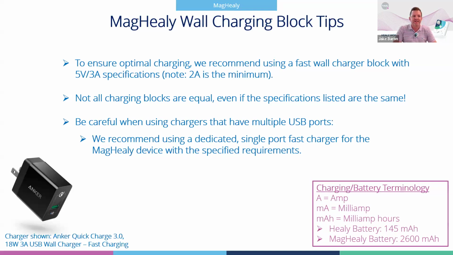And even if the specifications are the same, not all of them are equal. Ken was talking about the internal components. For this same charging block that I have here, the one listed on the screen, if you search those specifications, you can find this one for around $15 US on Amazon, but you can also find a 3-pack or a 4-pack that say they have the same specifications for that same price.